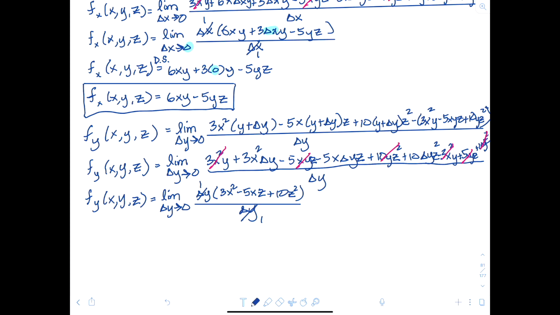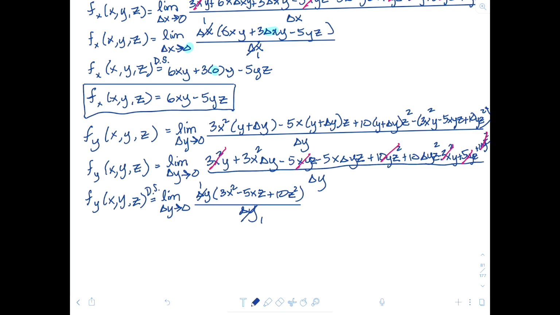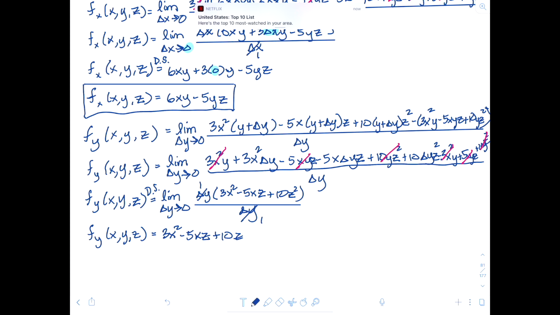And so, using direct substitution, the first partial derivative of f of x, y, and z with respect to y is 3x squared minus 5xz plus 10z squared. Cool, cool? Awesome.